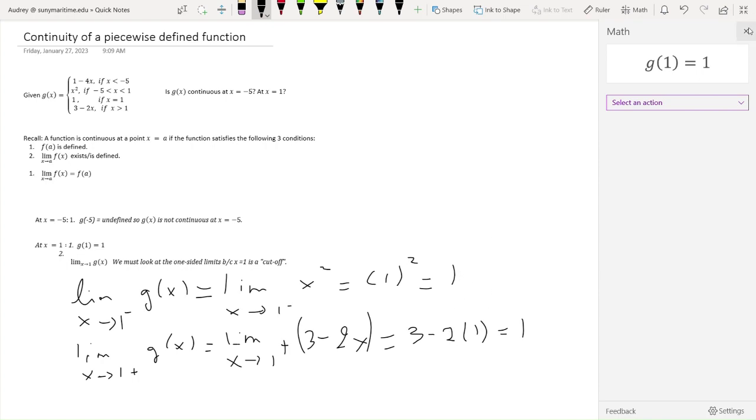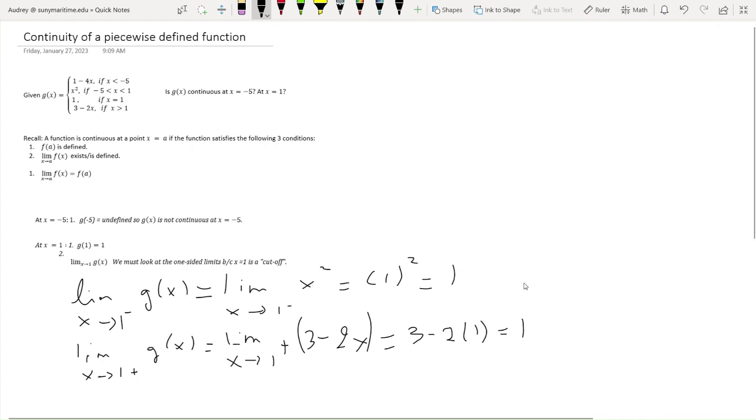And because the one-sided limits are equal, that tells us that the limit as x approaches 1 of g of x is equal to 1.